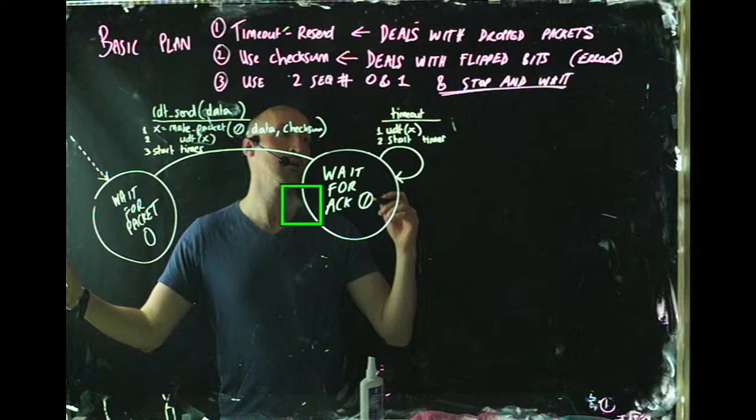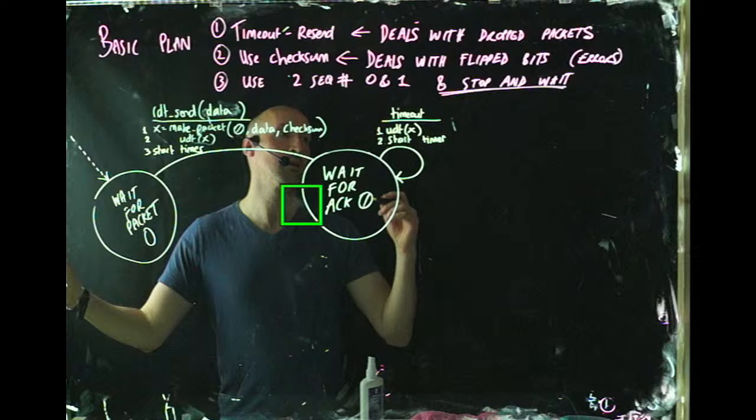So either of these 2 cases: if there's a timeout, or I receive packet X and X is corrupt, in other words, I use the checksum inside X to confirm that it's not correct, that there are errors in there, then I resend the packet and start the timer again, and I just stay in the state where I'm waiting for an acknowledgement.